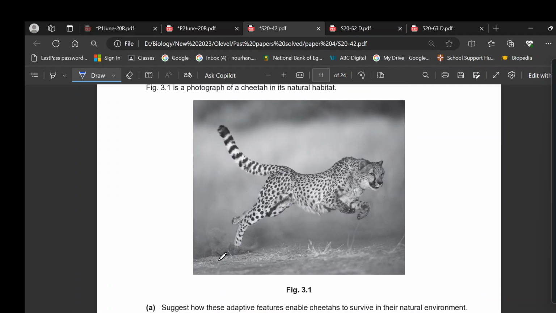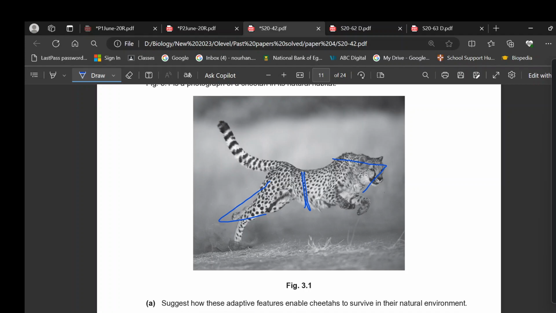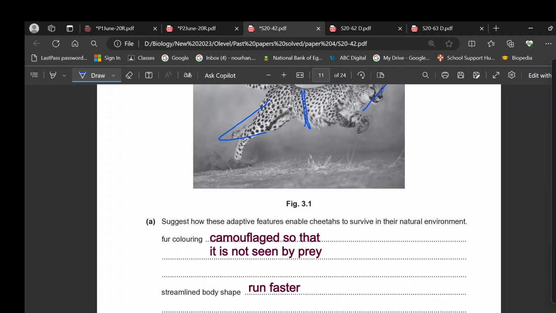A streamlined body means that it is narrow at the front, narrow at the back, and wide in the middle, just like an airplane. This streamlined shape helps the airplane to fly faster because it reduces resistance. The same goes for the cheetah. It helps the cheetah to run faster.